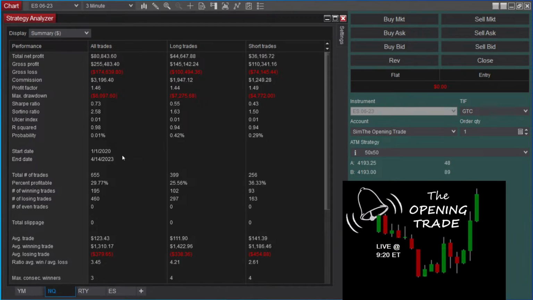For the NASDAQ, here is our start and end date, the max drawdown, gross loss, and total net profit there. And then for the S&P 500, here is our start and end date, the max drawdown, the gross loss, and the total net profit there.